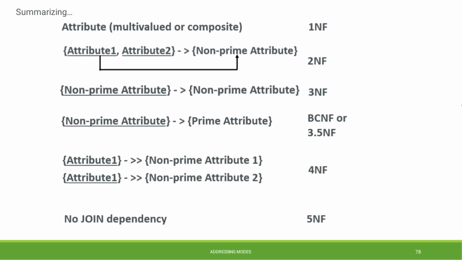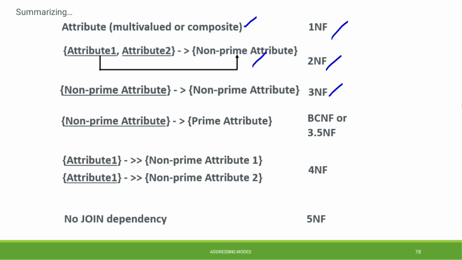With that we come to the different normal forms, that is, different levels of normalization. The first one, 1NF or first normal form: a relation cannot be in 1NF if it has multivalued or composite attributes. It cannot be in 2NF if it has partial dependency.